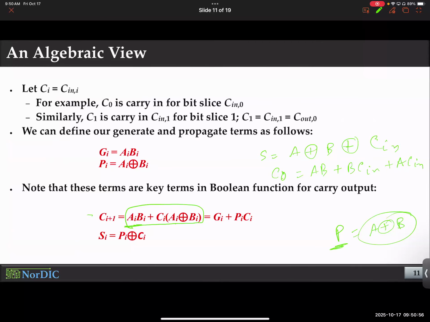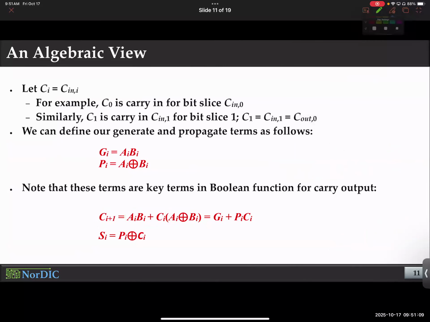They define this section of the function as the propagate signal, P equals A XOR B. And once you do so, your carry out can be represented as, let me show you, P_i C_i, the propagate signal times carry in. And how about the next one? AB. Remember, your carry out was AB plus BC plus CA, but BC plus CA could be represented as C_i (A XOR B), and you are converting A XOR B to propagate.